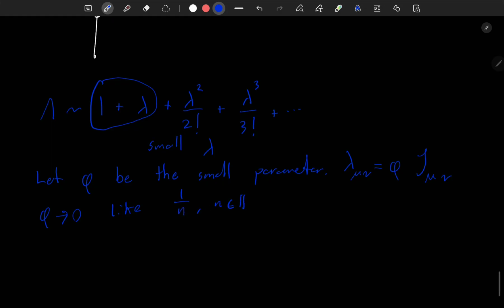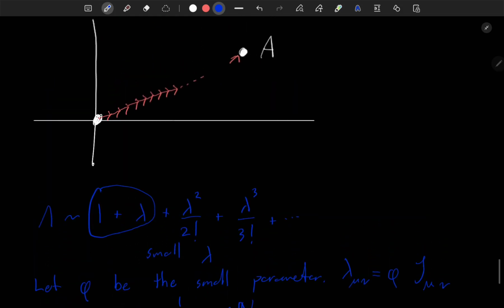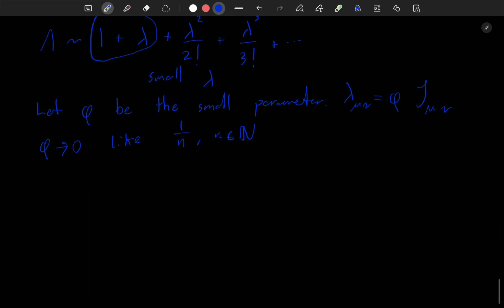N is a natural number. And because, right here, we're stacking together a bunch of infinitesimal translations, in our case, we're not doing translations literally, we're doing transformations, stacking together a whole bunch of tiny boosts in the x1 direction.